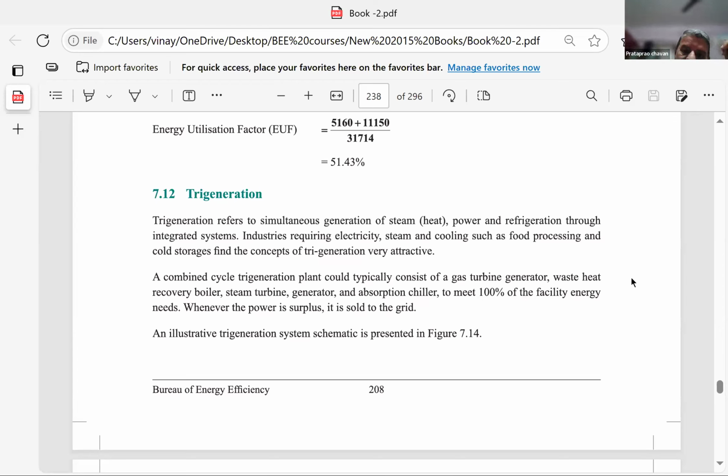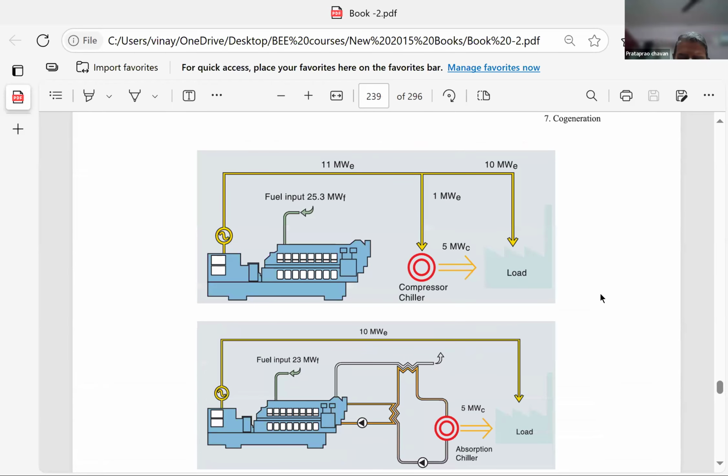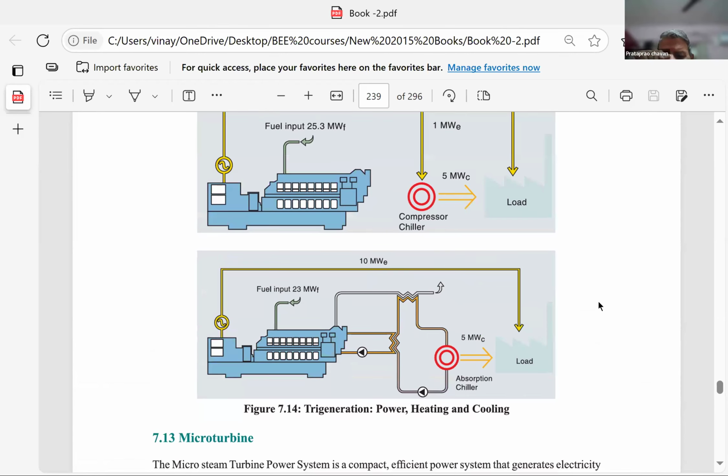There is also a third stream. When it is used for a third stream, they call it trigeneration. Now, trigenerations are limited applications, but they are there and you must know them.